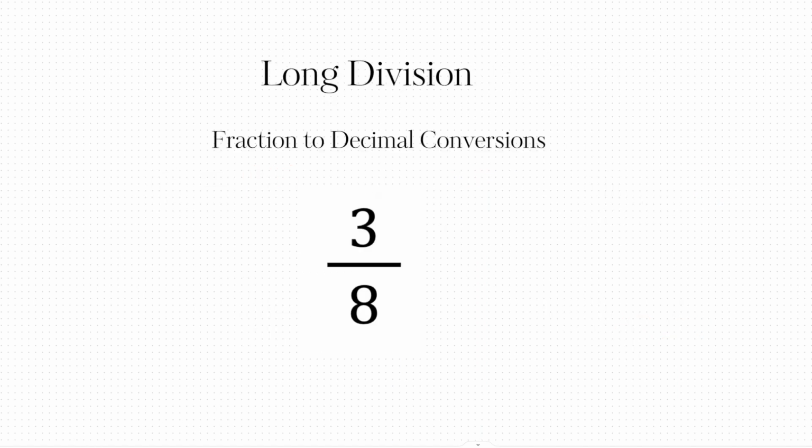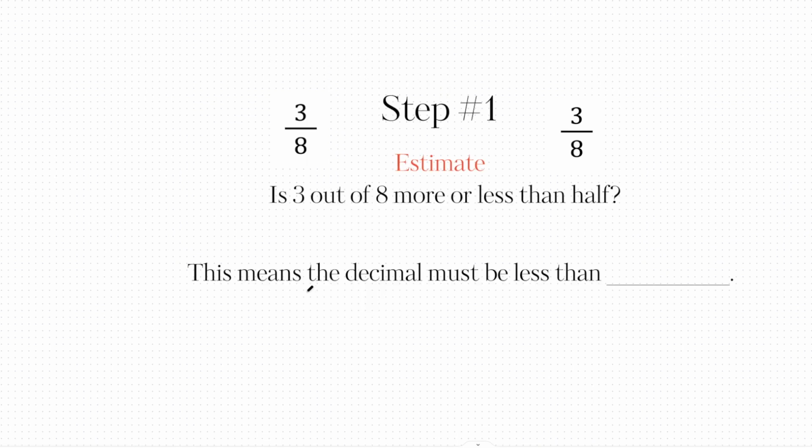All right, so long division. In order to convert a fraction to a decimal, you need to do a little bit of long division. Let me first show you a little shortcut in how to do that. The first thing you always want to do is estimate. So 3/8. The question is, is 3 out of 8 more or less than half? Imagine you take 8 basketball shots and you make 3.